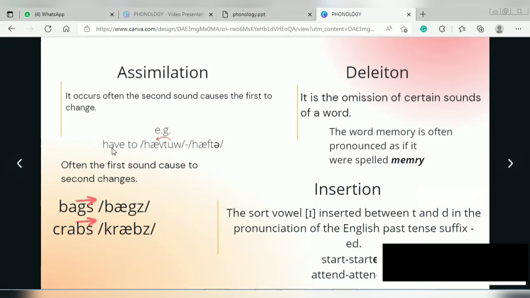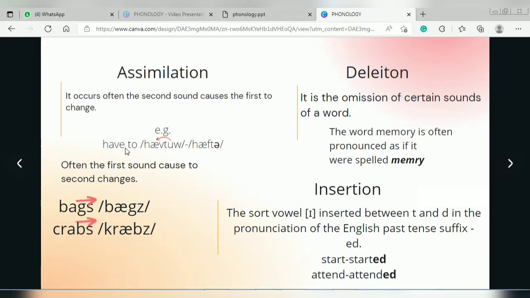And when we speak fast, these words come together, and the v sound becomes voiceless. For example, the pronunciation of this together is hafta, with an f sound, and the sound is voiceless.